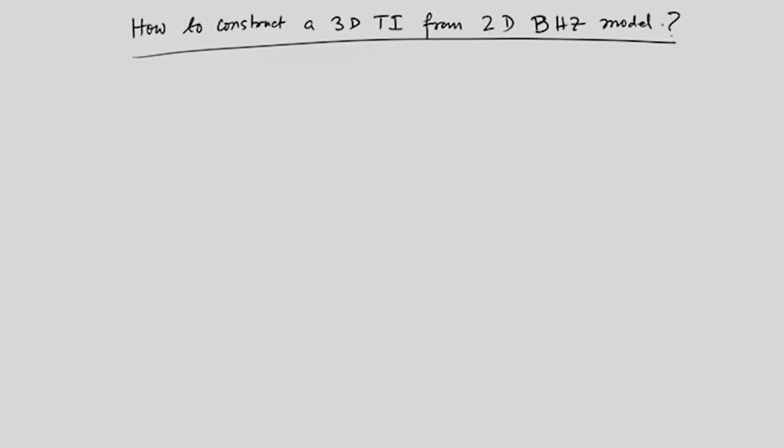The BHZ model is basically a 2D model, taken for kz equal to 0. So, the third dimension is frozen out because you have decided to take it at a particular value of kz, say kz equal to 0.